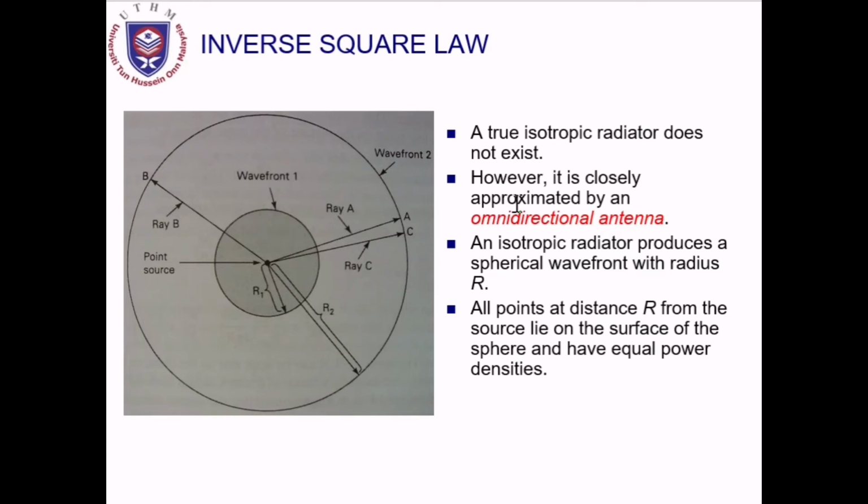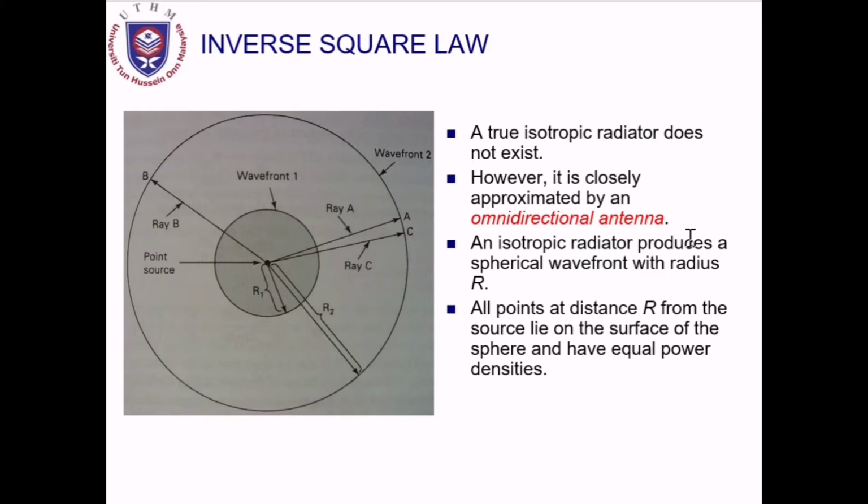Basically, the omnidirectional antenna is commonly used in Wi-Fi access points in homes, schools or colleges, because it radiates 360 degrees and the power density at each point here is equal.